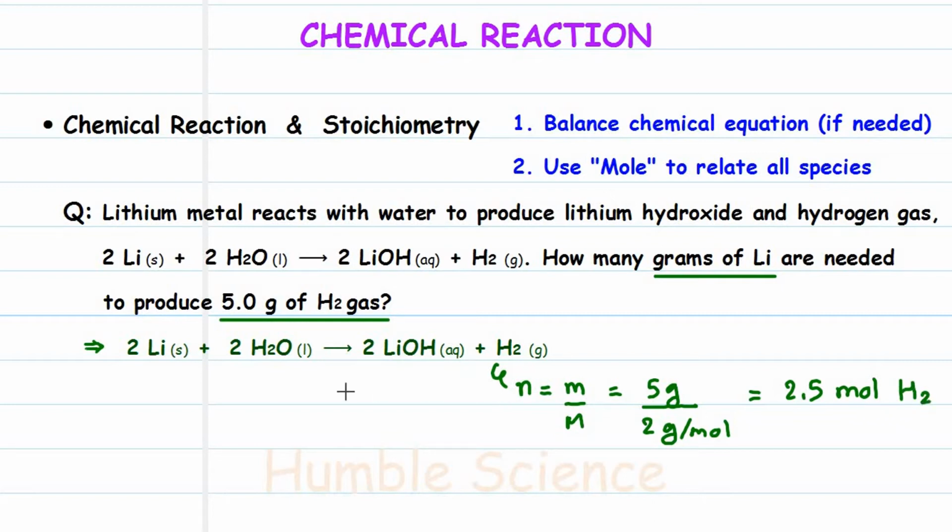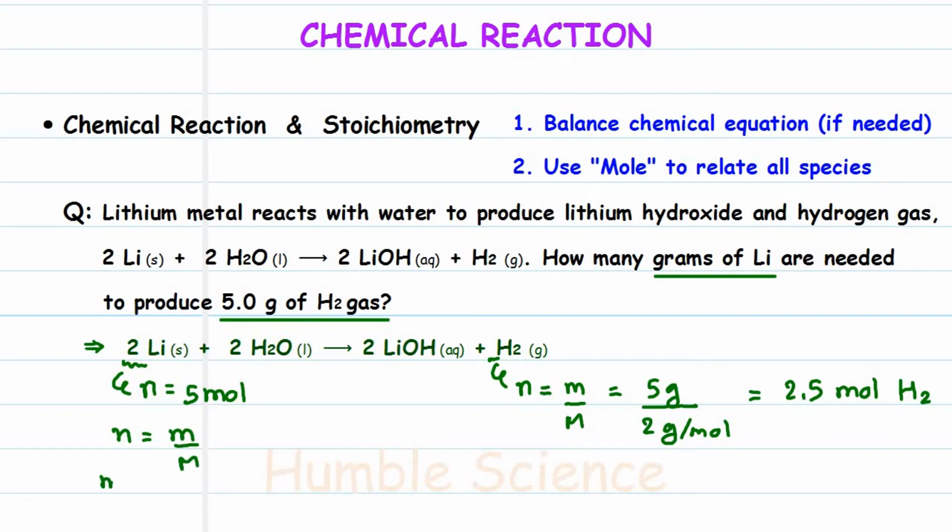Now we're going to be looking at lithium metal, and we can see that the mole ratio of lithium and hydrogen gas is 2:1. That means the mole of lithium is going to be 5 mole. And we know that n is equal to mass divided by molar mass.